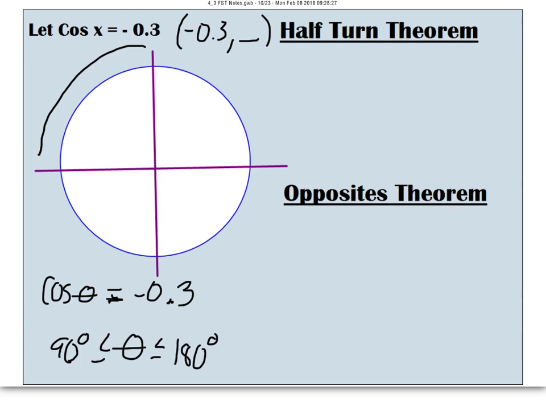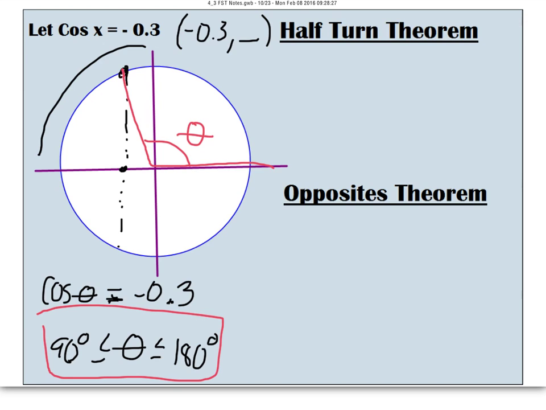So let's sketch this. The x value is going to be left, 0.3 is maybe about right there. So then I'd have to decide, do I go down or do I go up with this? Well, on this one we are going to go up because they're telling us that this should be, again, in this particular quadrant. So here's the angle they're talking about. That is the theta, or in this case, it's the same as x.